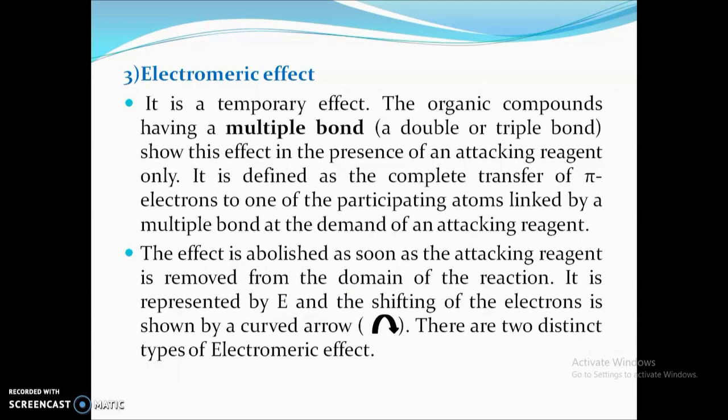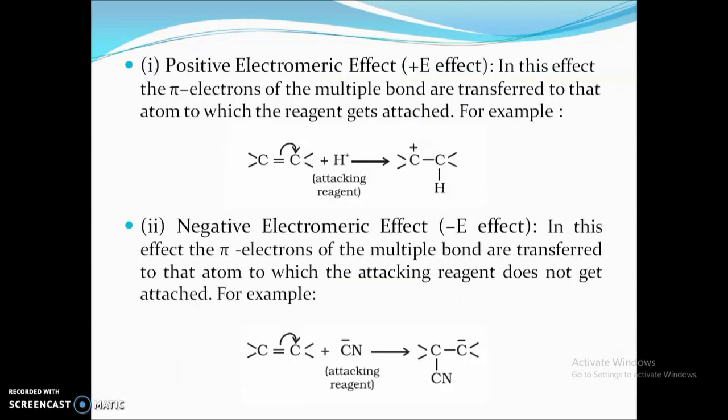Now again, the electromeric effect is also of 2 types, plus E effect and minus E effect. First we come to the plus E effect. In this type of effect, the pi electrons of the multiple bond are transferred to that atom to which the reagent gets attached. This is the example. This is an alkene molecule.